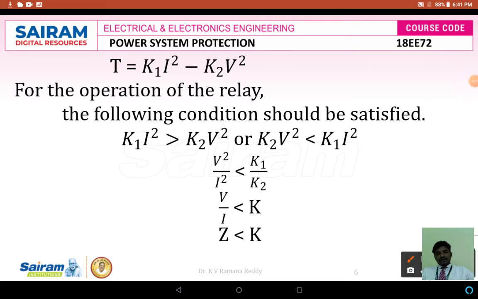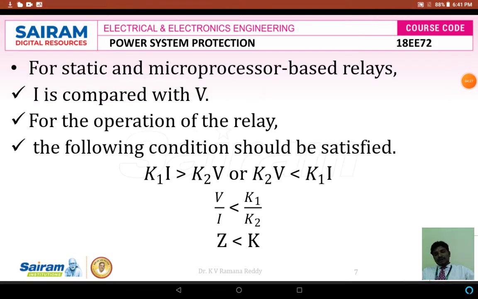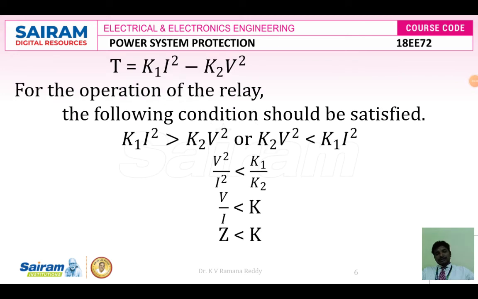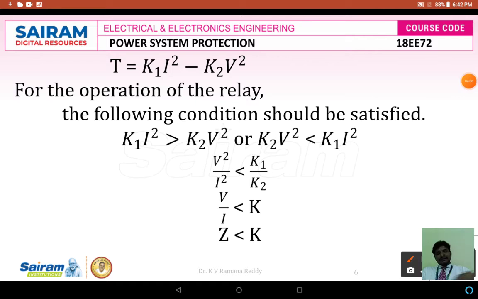That is, once the fault is cleared, the voltage is restored and we close the circuit breaker. During the fault condition, the fault current is maximum. Therefore K1 I square is greater than K2 V square.